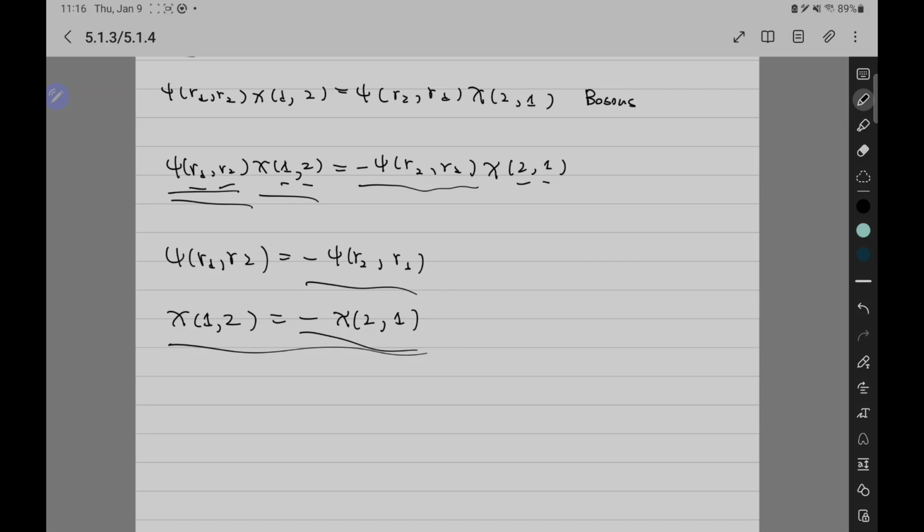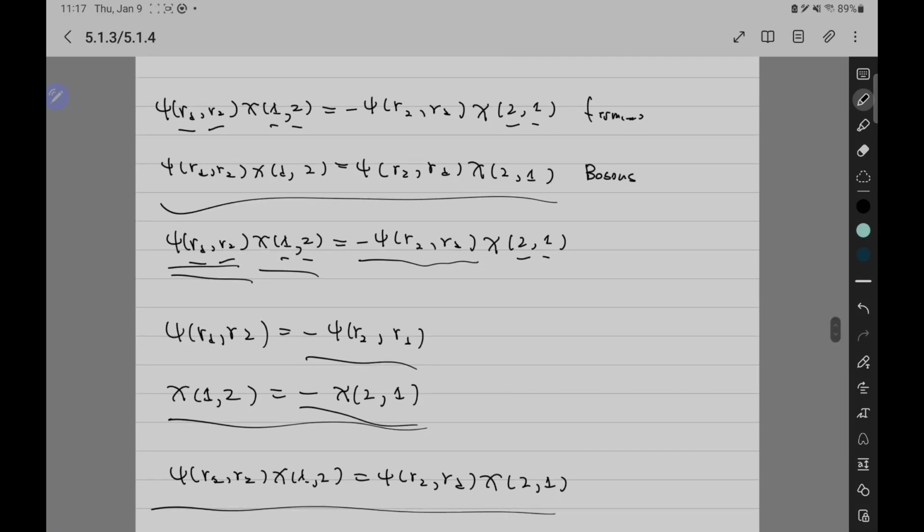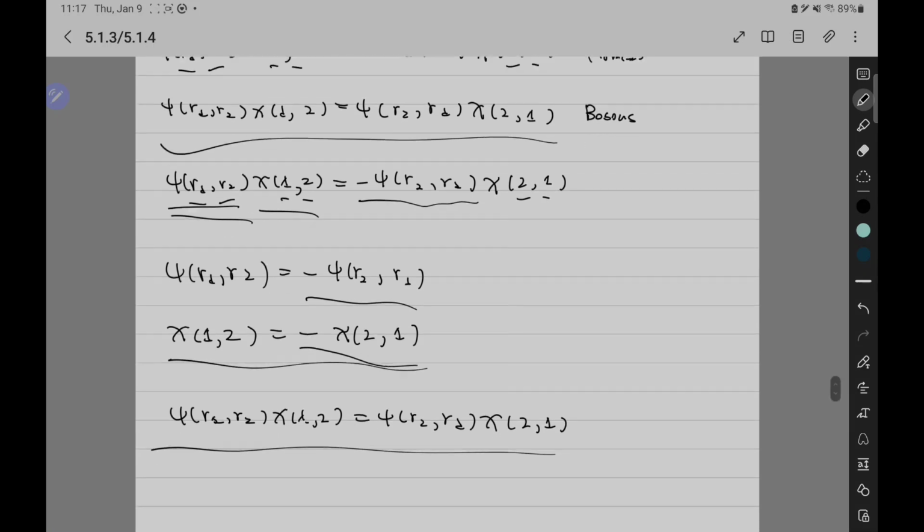So that cannot be right, because the total wave function must be anti-symmetric under the exchange. If both of these are anti-symmetrical, you end up with something positive for a fermion, but this expression is for bosons, not for fermions, and bosons are symmetrical under exchange.